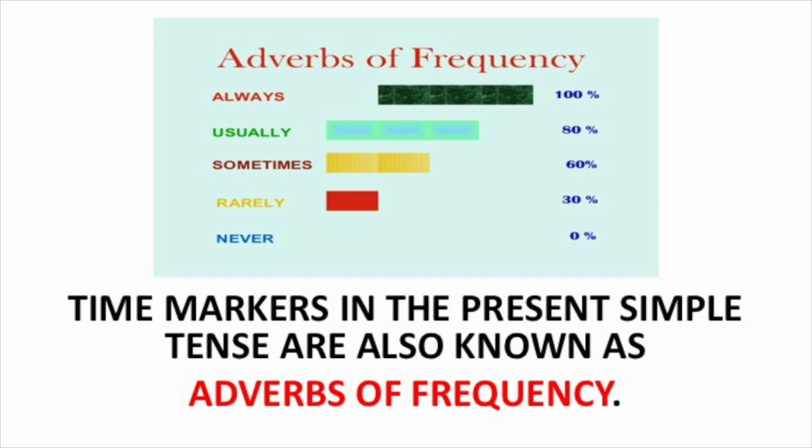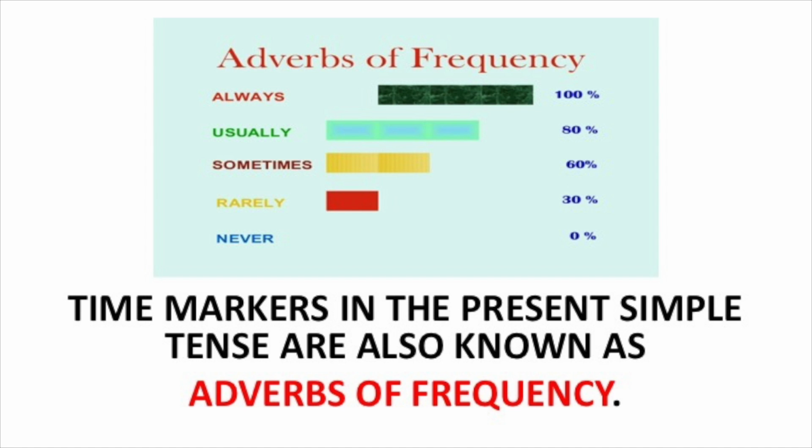Time markers in the present simple tense are also known as adverbs of frequency. Yes, it's the same words: always, usually, sometimes, rarely, never. And you can see here a guide of how often, the percentage, we do it to use the word.